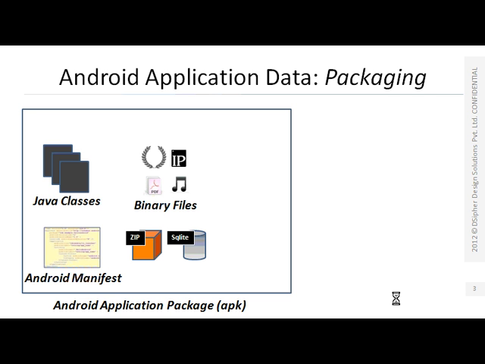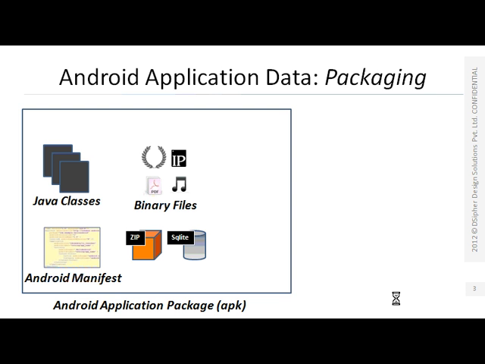Before covering the content provider, we just need to learn the basics of why content providers are required. When we develop an application, we will have Java classes, binary files, zip files, database files, and the Android manifest file.